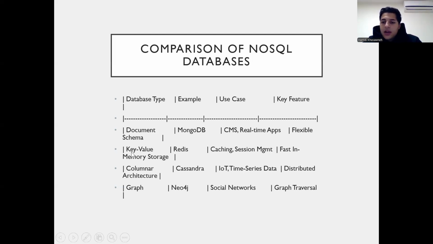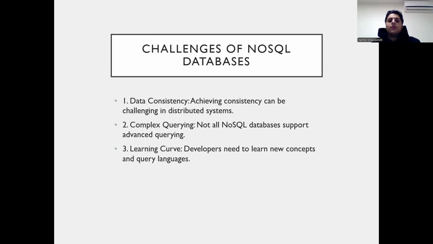Here we have the key-value type. It's fast in-memory storage and ideal for caching and session management. Thirdly, columnar. An example of it is Cassandra. It is very useful in IoT or time series data, and its key features are that it is scalable and distributed. And finally, we have the graph type. Graph focuses on relationships, perfect for social networks and fraud detection.